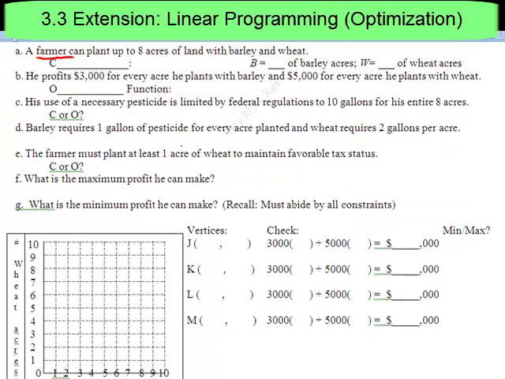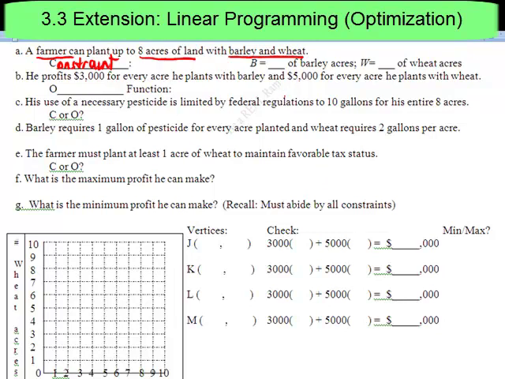So example 1, we have a farmer. He has 8 acres of land and he wants to plant barley and wheat. Do you have a constraint here? Yeah, he's only got what? 8 acres, yeah. So this is called a constraint. And he's got a total of 8 acres. So he can plant barley and he can plant wheat.